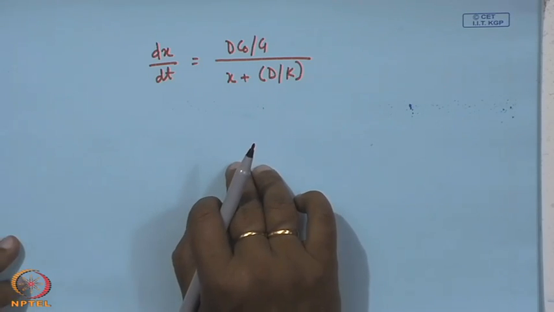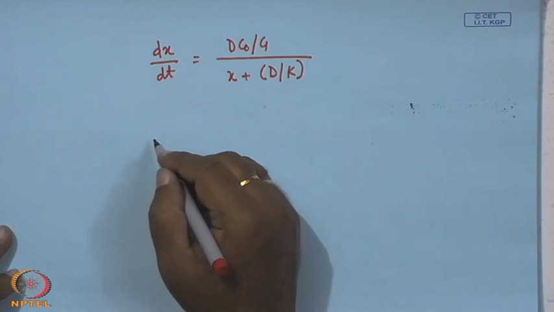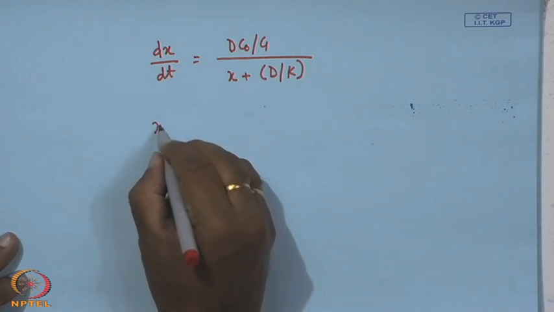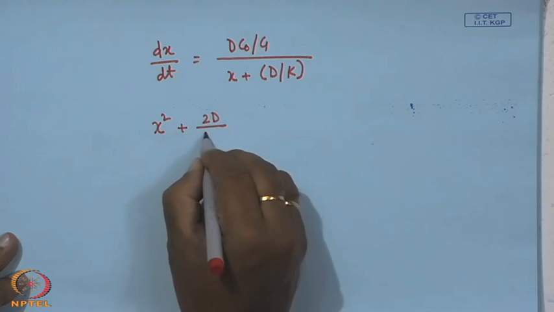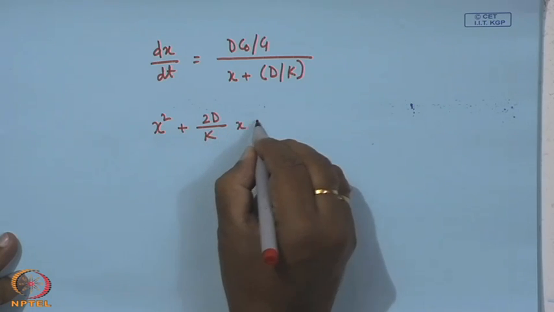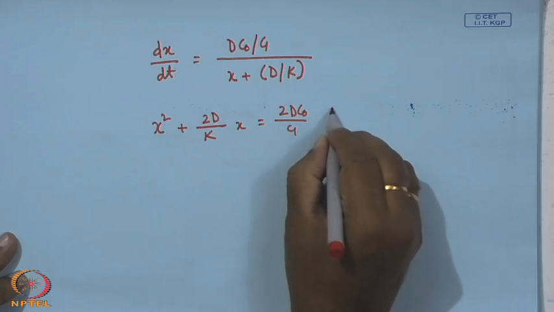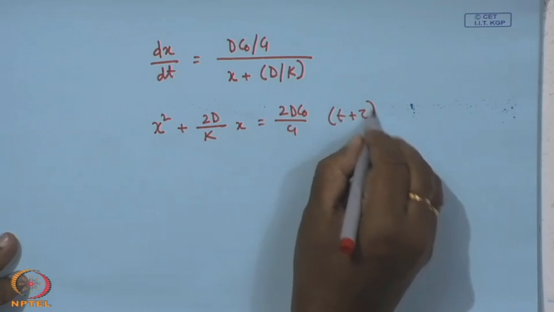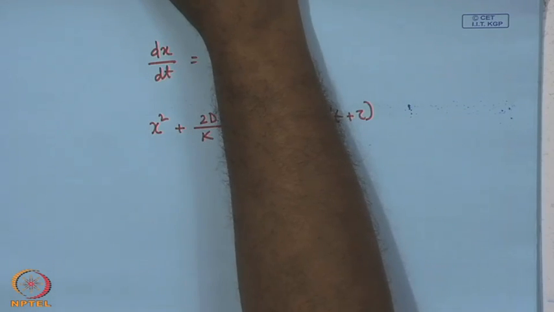Now, if we rearrange this equation, then what will we get? We will get x square plus twice D by k into x equals twice D C0 by C1 into t plus tau. Why? Because there will be some boundary condition, as we shall discuss here.